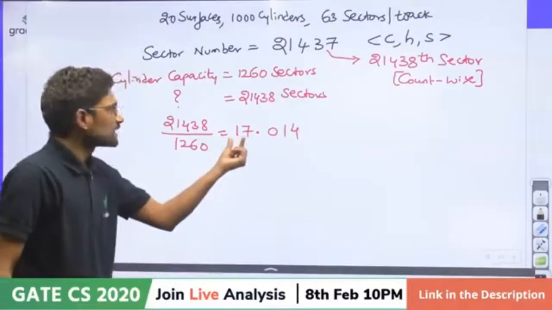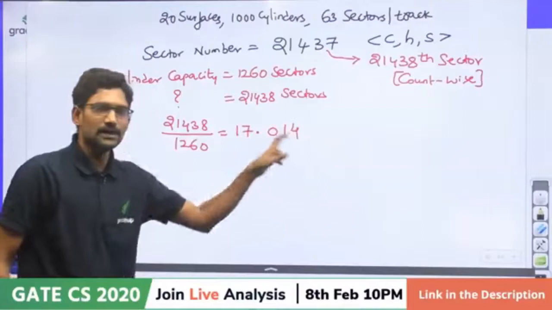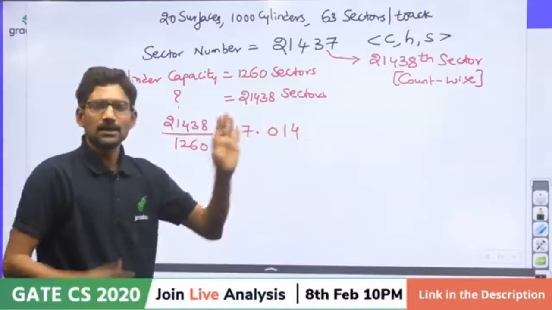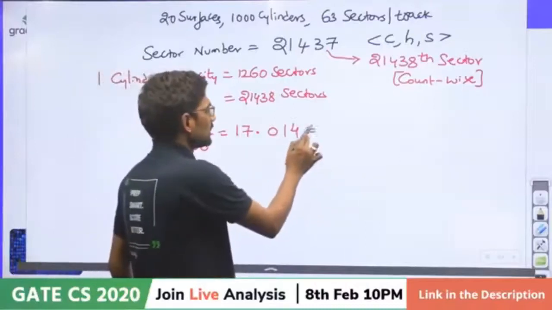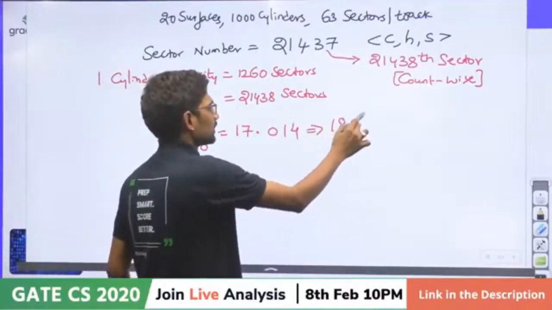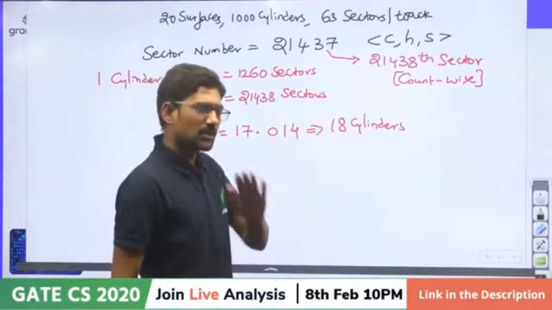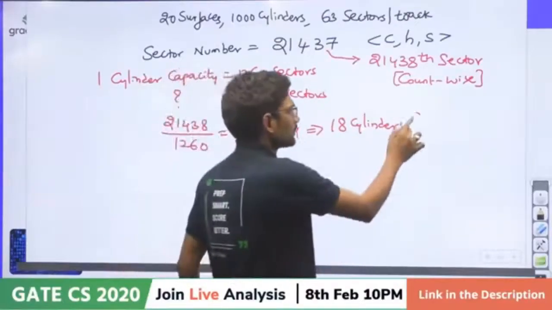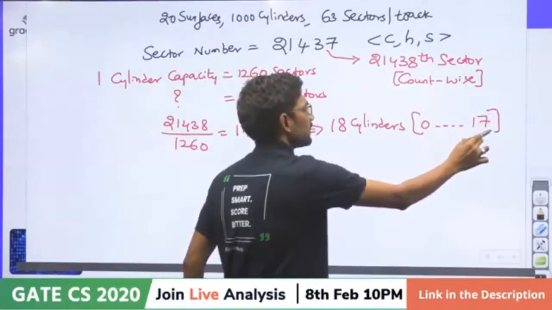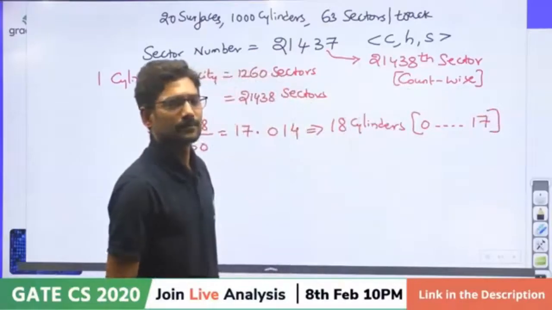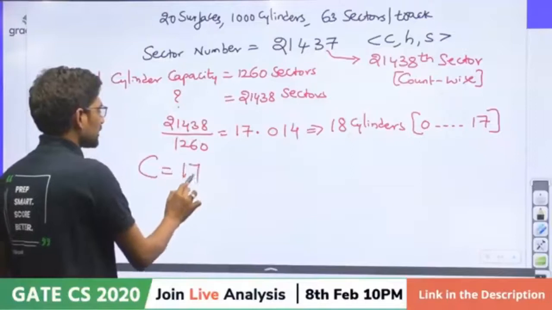That means 17 cylinders are not sufficient. 0.01 indicates what? Still some more sectors are there. So that means 18 cylinders are required. 18 cylinders means, when you start with 0, what would be its number? 17. Right? So what is the C value? 17.